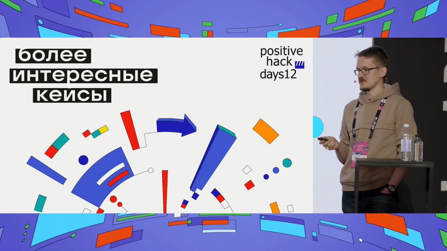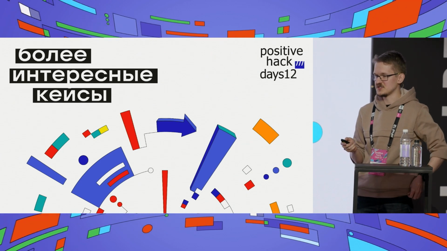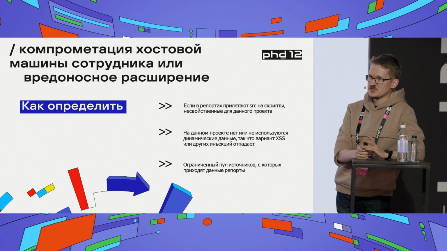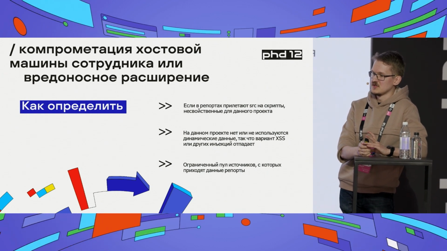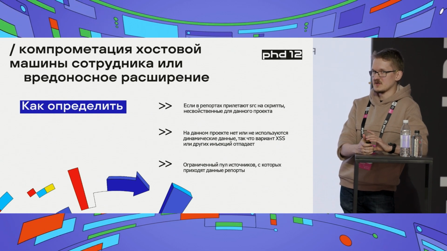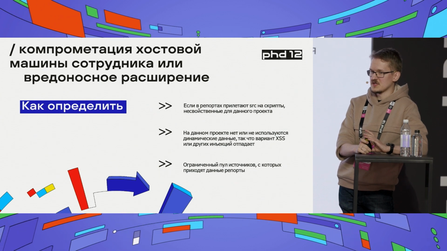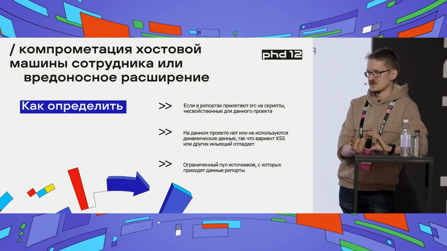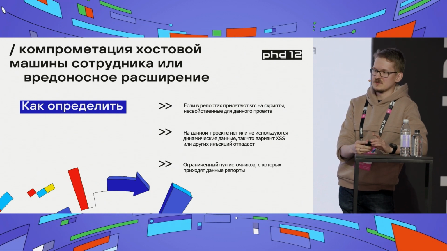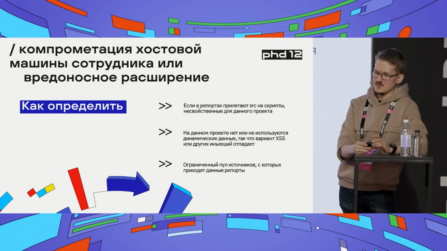And now I would like to come up with a couple of interesting cases, what else can be done and what can be detected through XSS. For example, there are some events that are related to a certain scope of IPs, strange JS, for example, that we've never ever seen. We've never ever taken this into account.